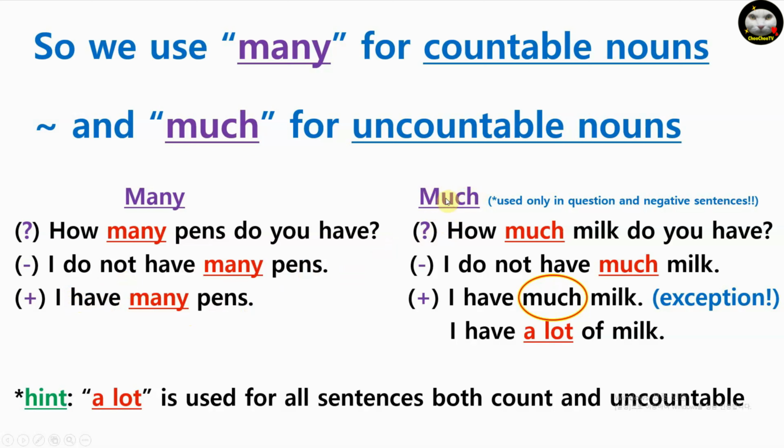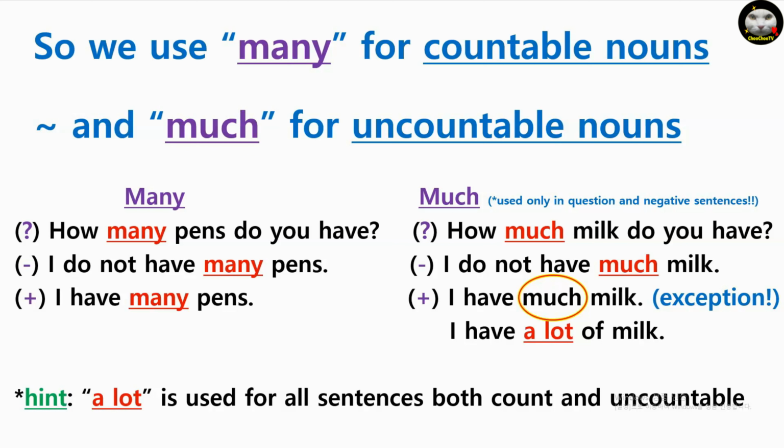The word much is used for uncountable nouns, but only in question and negative sentences. So in our question sentence, how much milk do you have? Negative sentence, I do not have much milk. But there's an exception to positive sentences.